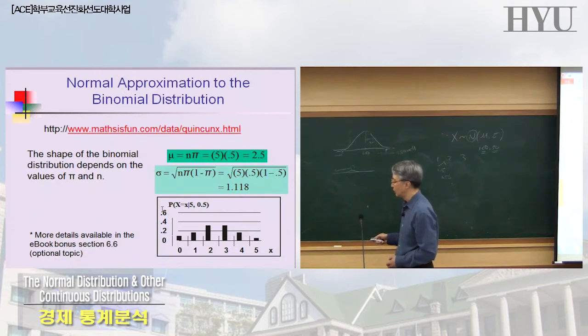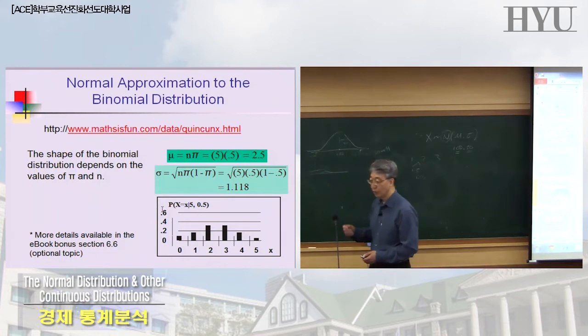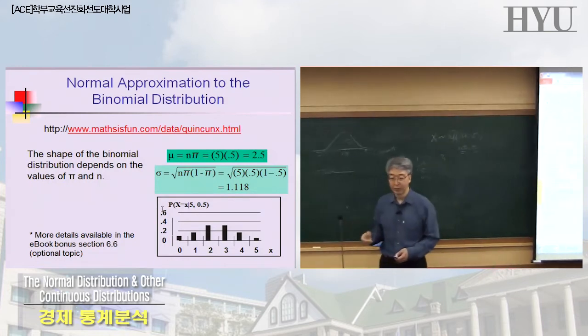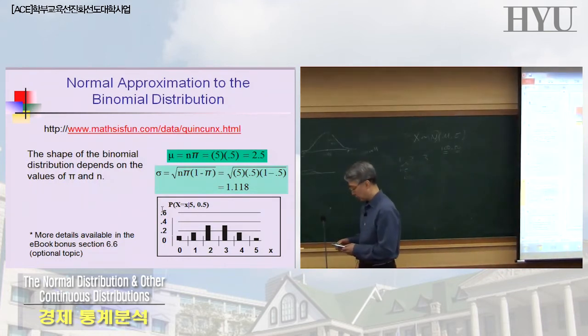If you actually calculate using the binomial formula, this comes out to be 3.125, okay?